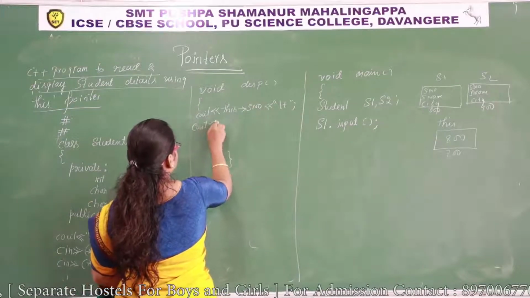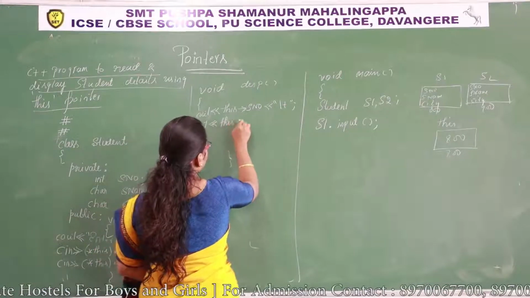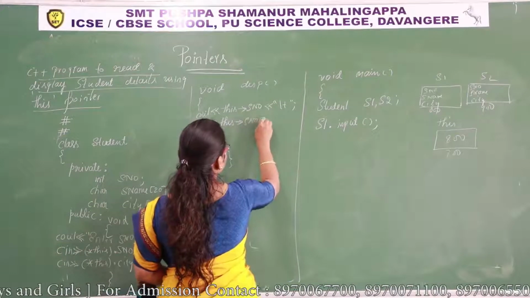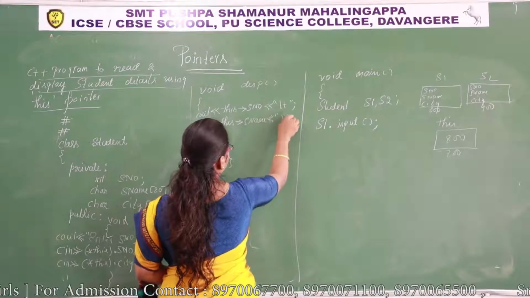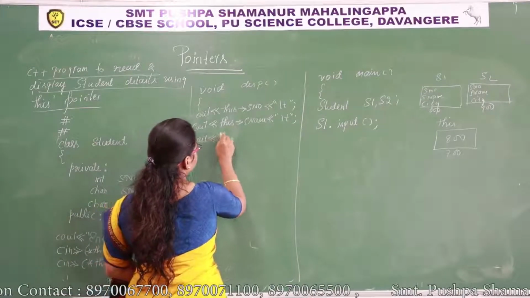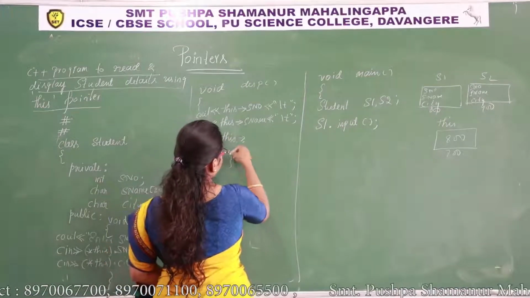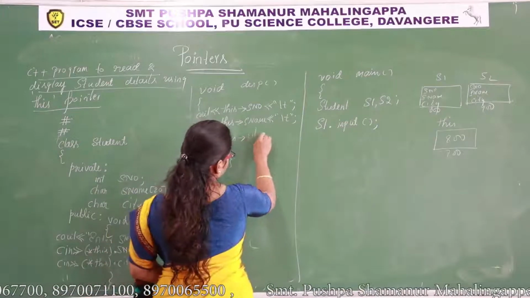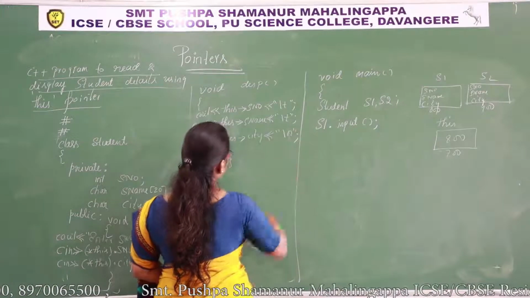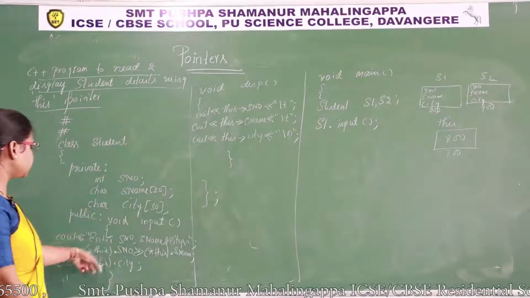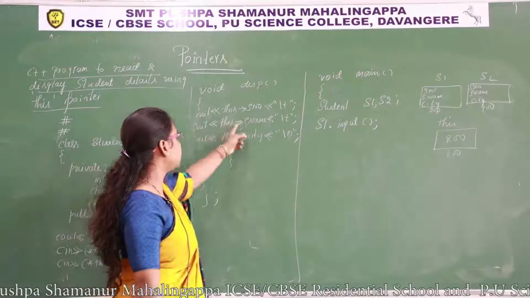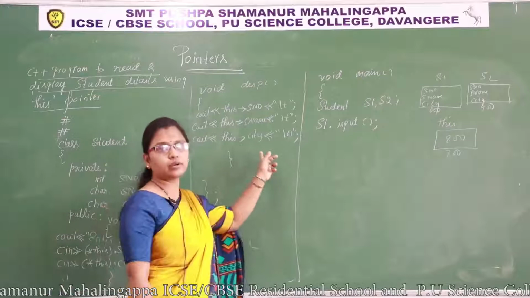Cout insertion this arrow sname, insertion \t semicolon, cout insertion this arrow city, \t, \n semicolon. So in the input function I used star and dot operator, and in the display function I used the alternative for star and dot operator, that is the arrow operator.